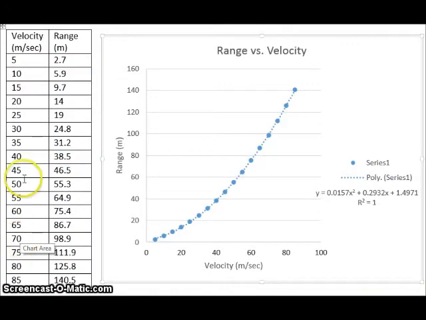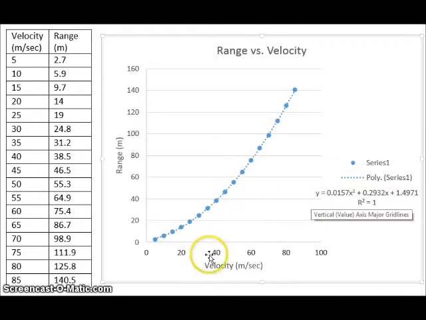These are the values that we recorded for velocity and then range. The velocity is the x value, and then range is the y value. This is the graph that corresponds with the data, and then this is also the quadratic equation that corresponds with the data as well.